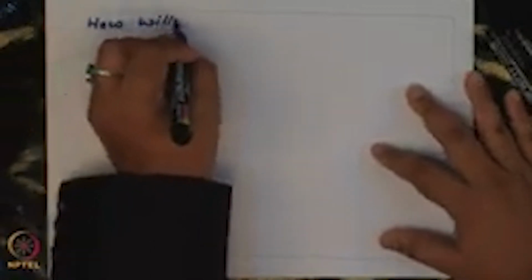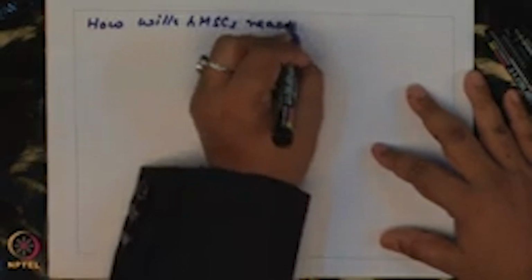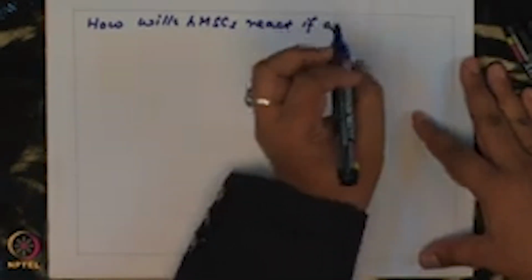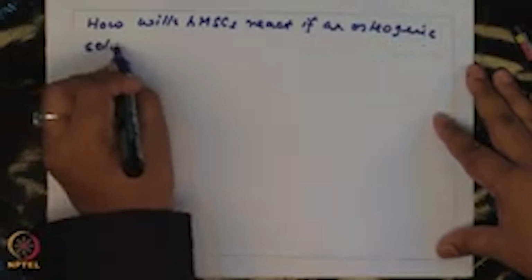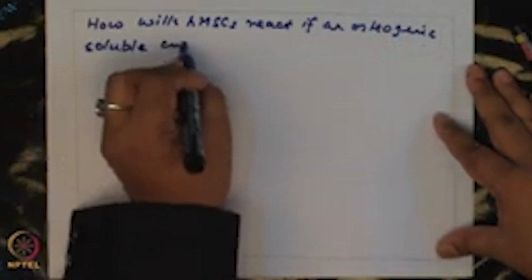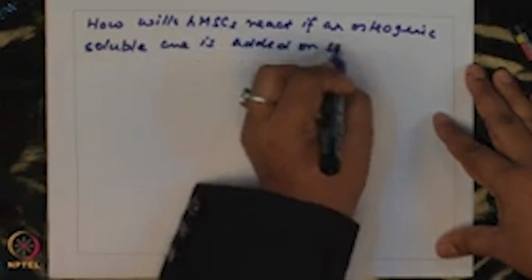What would happen if you have two signals which oppose each other? Okay. What would happen? So, the question is, how will HMSCs react if an osteogenic signal, a soluble cue, is added on soft substrates?